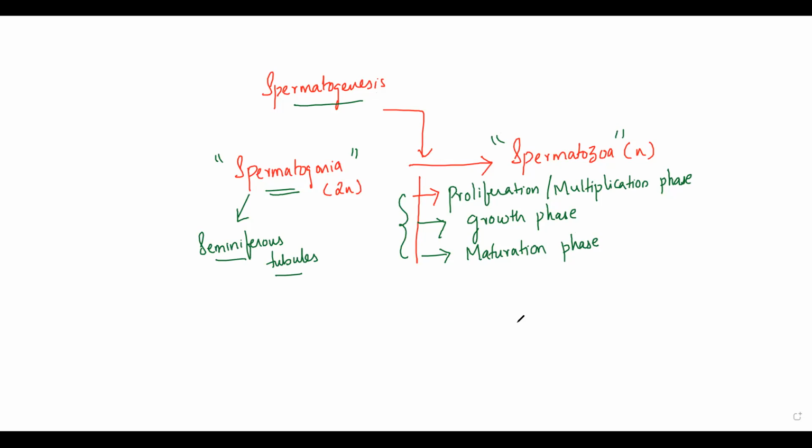So the procedure here, children, is that the first thing happening in the seminiferous tubules is with the primordial cells, or what we call the primary spermatogonial cells, which are nothing but the stem cells.